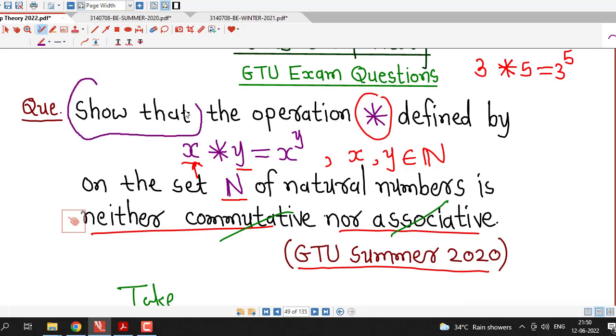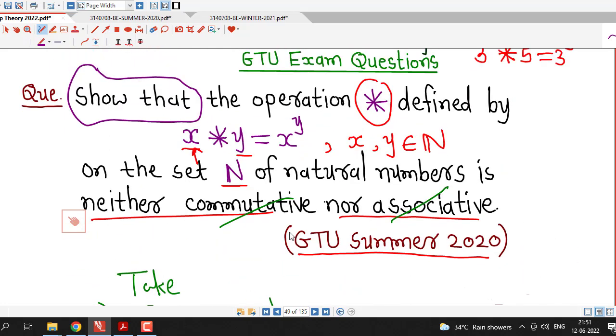That means you are given that this operation is not commutative and it is not associative, but you have to prove that. So whenever you have this type of question, the answer is already given. You just have to prove that the statement is true.